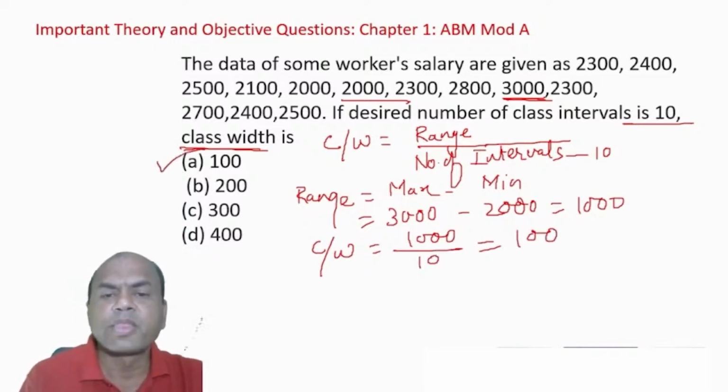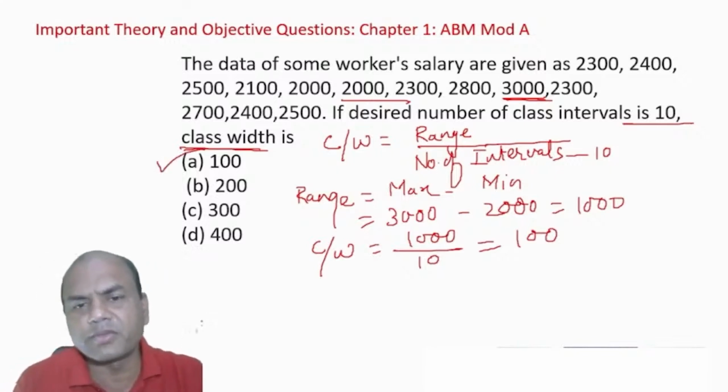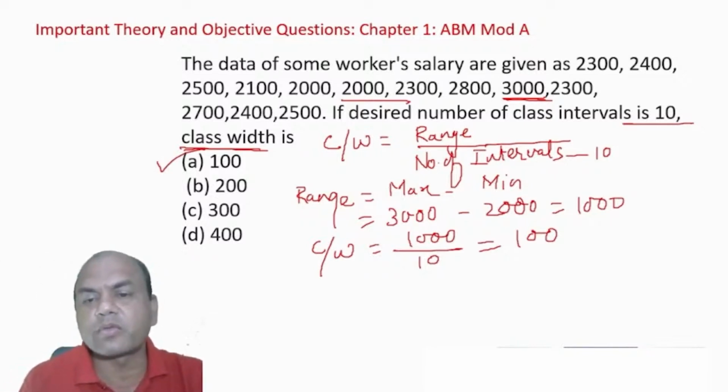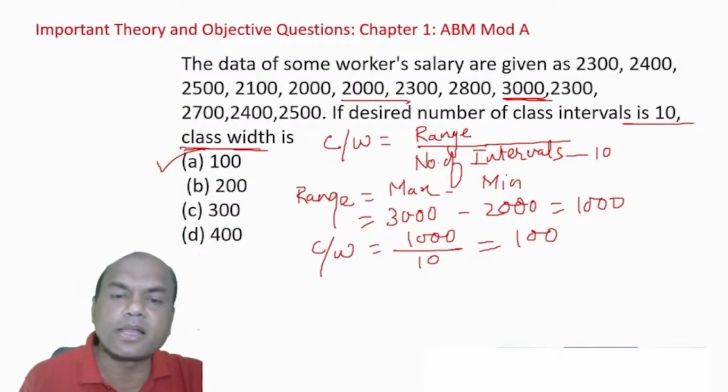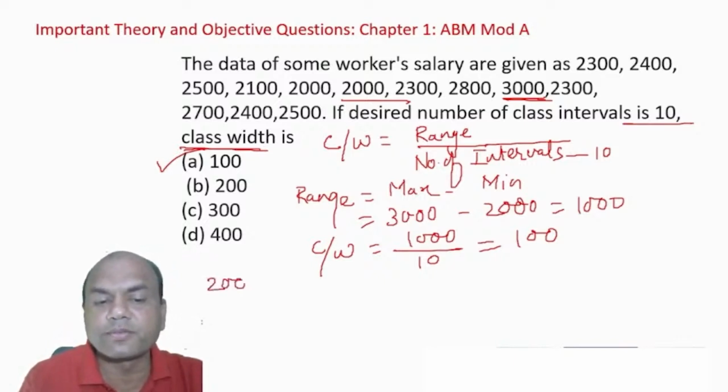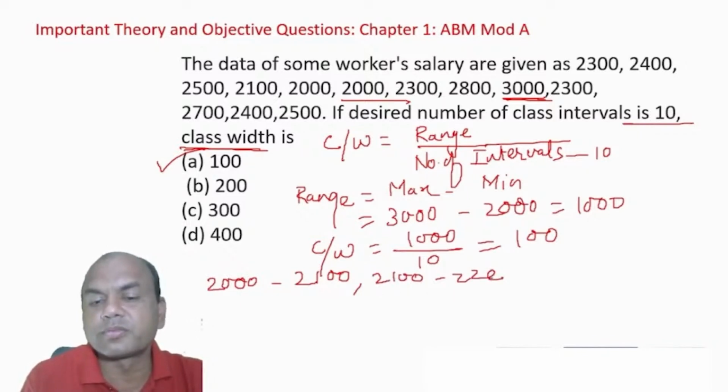What do you mean by class width? What is the meaning of this word? This 100 you have got. It means what? It means when I start arranging these numbers, I'll be arranging them like this: 2000 to 2100, lowest number, and then go on adding 100. Then 2100 to 2200, and so on.